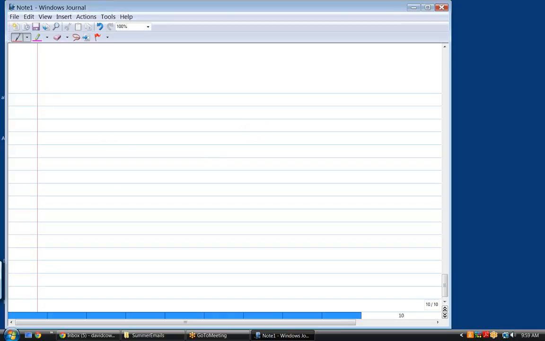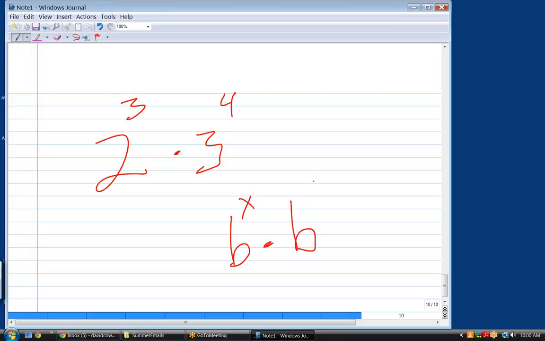How about this? Six to the 7th power? No. The only time you can add those exponents is if the base is the same. In other words, if I have any number to an exponent, and I'm multiplying it by the same number to a different exponent, then I can add the exponents and just bring the base over.